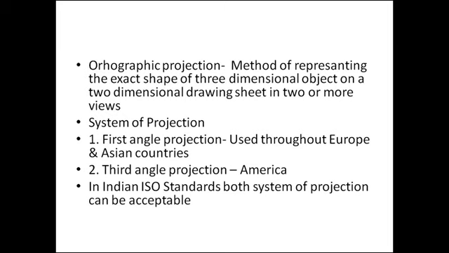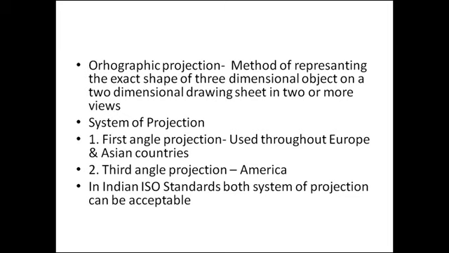So in industry, whenever a worker or engineer wants to manufacture a component, if you give him a 3D object, it is very difficult for him to understand the size, shape, dimensions, and what the job looks like from inside, how many things are hidden, like a hidden hole present inside the object.